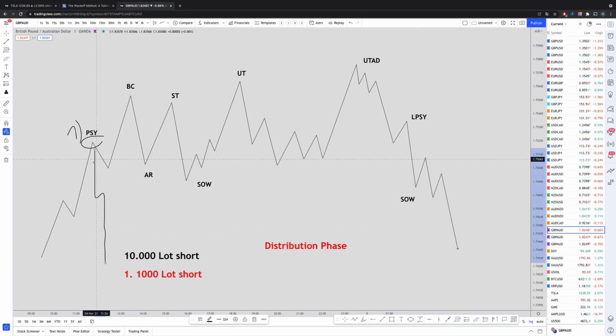And this is not what an institution would like to do. What an institution would like to do is collect liquidity here, and not just push or drop the price to the downside for no reason.